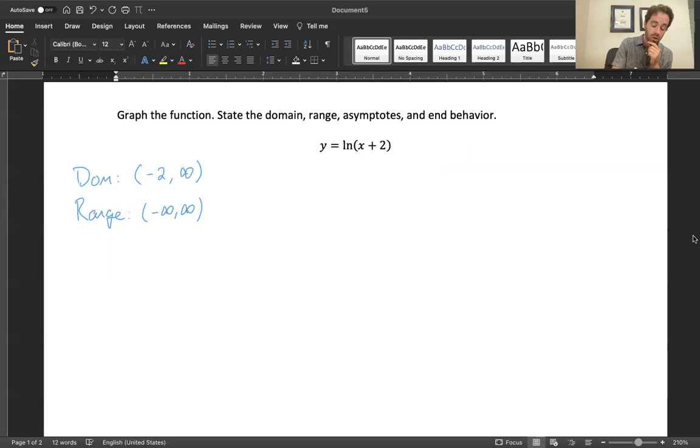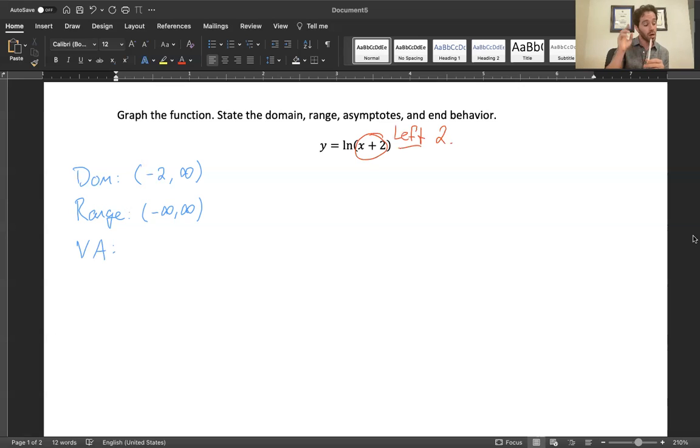The asymptotes. You know that an exponential function has a horizontal asymptote, but a log function is an inverse of that. So the x's and the y's switch places, and that turns horizontal into vertical. So this will not have a horizontal, but it will have a vertical asymptote. X plus 2 means that this is moved left by 2.